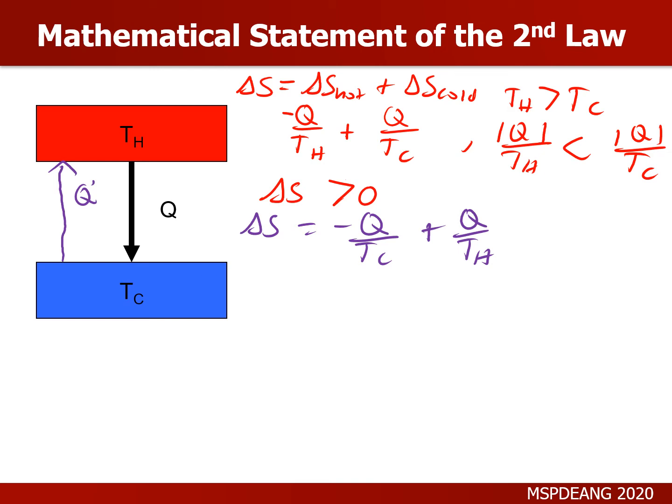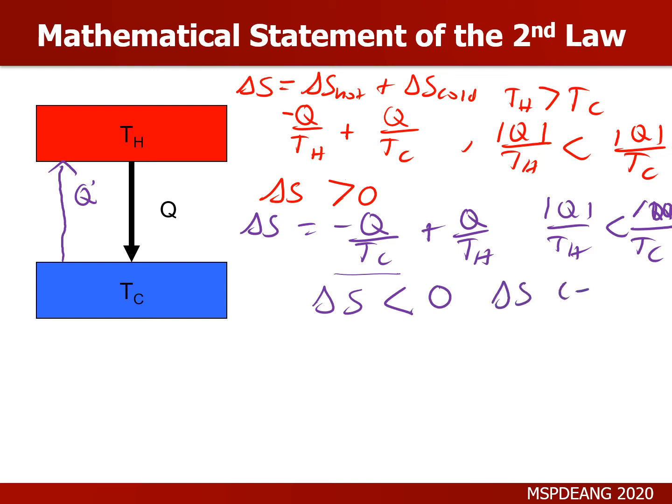In this case, this relation will still hold true. Absolute value of Q over TH will still be less than absolute value of Q over TC. Okay? Pag ganito, mas negative ngayon itong value nito. Therefore, delta S will be less than 0. So delta S is negative.